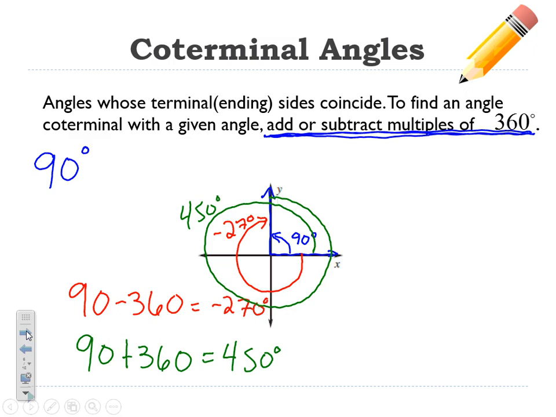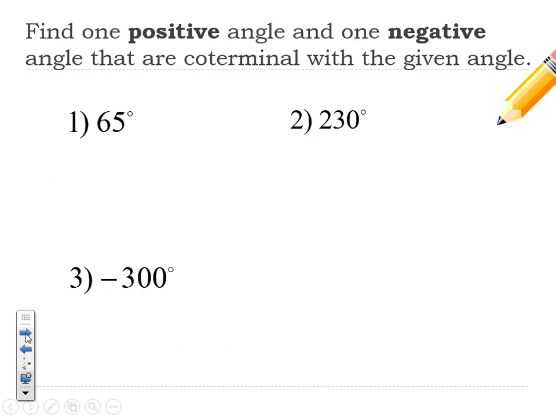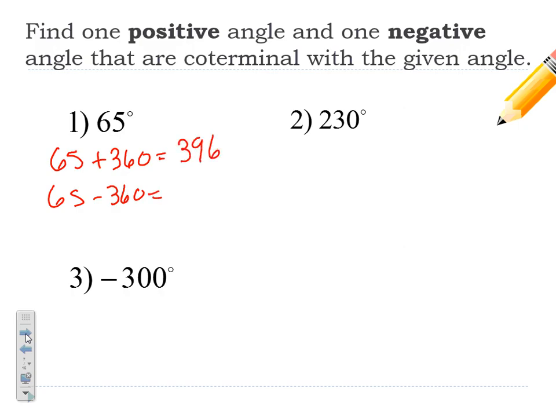All right, we're going to do a couple examples like this. So here I have 65. So I'm just going to take 65 plus 360 and 65 minus 360 to get my two answers. And I'm going to get 396 and negative 296 degrees, of course.